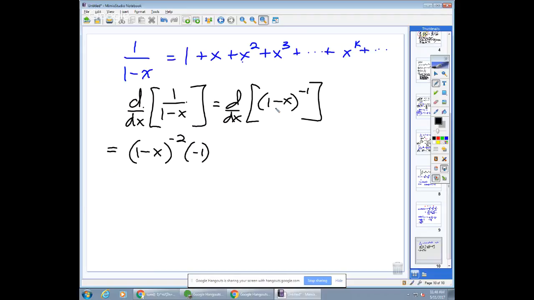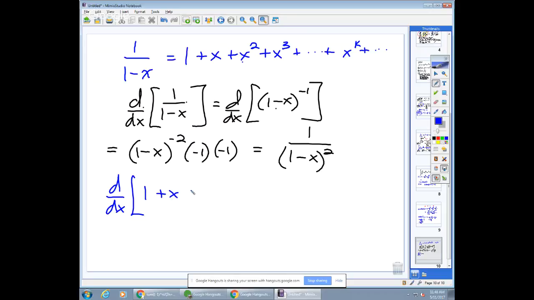What's the derivative of 1 minus x? Negative 1. So I get another negative 1 to multiply. So cleaning that up, I get 1 over 1 minus x squared. Okay, term by term differentiation on the other side. I also need to take the derivative with respect to x of all those guys.